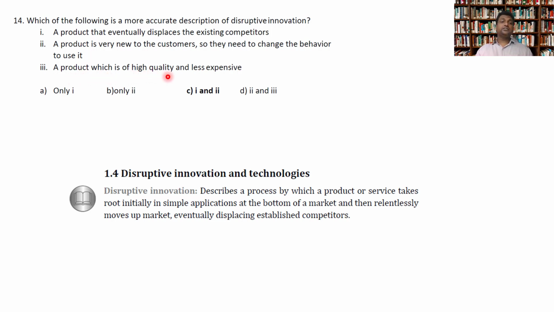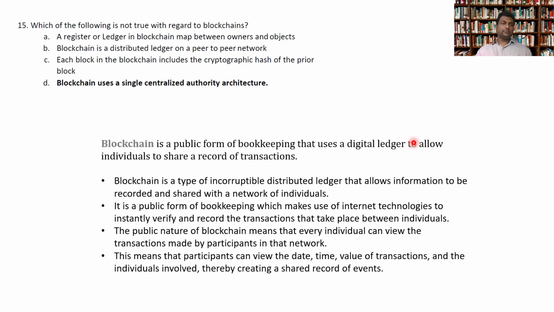Sometimes we can't even compare the quality because it's a totally new product, so the quality of the product we can't compare. So here the answer is 1 and 2. So the C is the correct answer. Let's move on to question number 15.